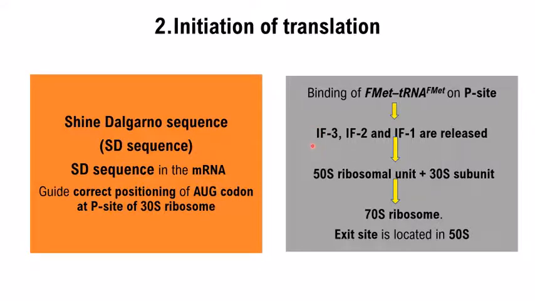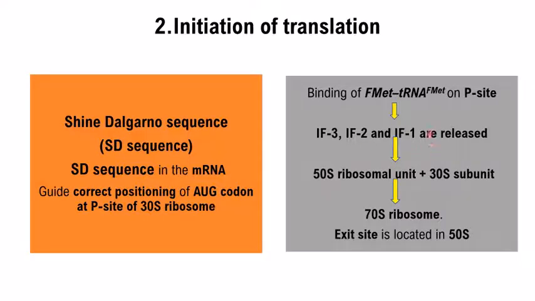When this protein is attached to the 30S subunit of the ribosome, it prevents the binding of the larger subunit to the 30S initiation complex. So until all three initiation factors, number 1, number 2 and number 3, are attached to the 30S subunit, the 50S subunit cannot attach.